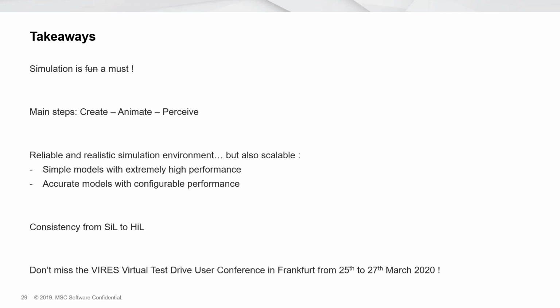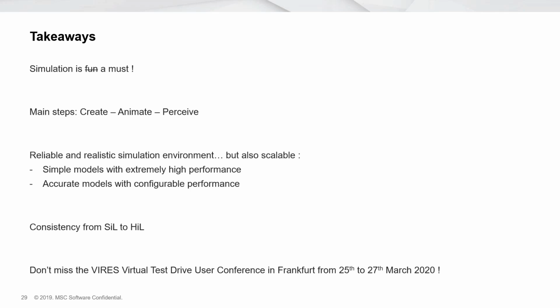What I didn't mention during this presentation is that, independently of the environment you want to test, you may need to test it on different platforms, so on the complete V-cycle from MiL to HiL, or to vehicle in the loop as well. And it is important that the simulation environment provides a good structure so that you can build your environment and animate it independently of the platform on which you are testing it.